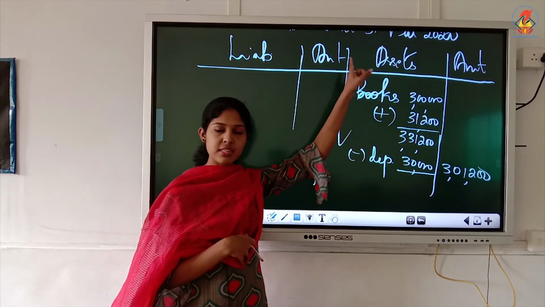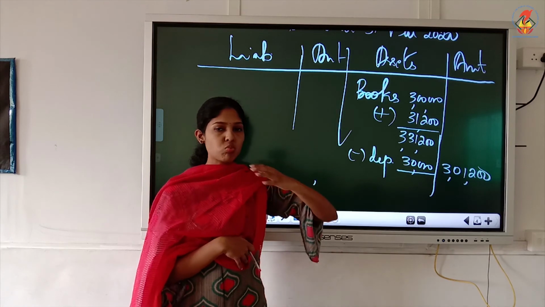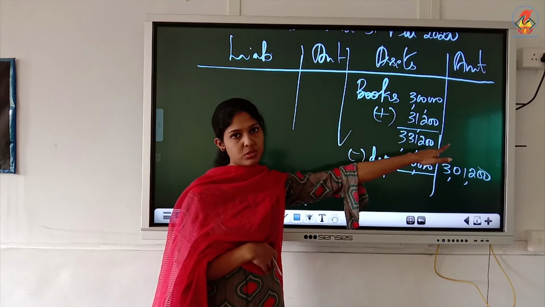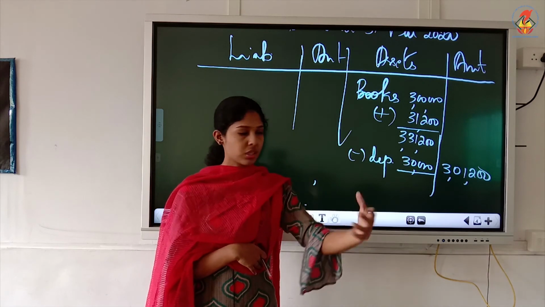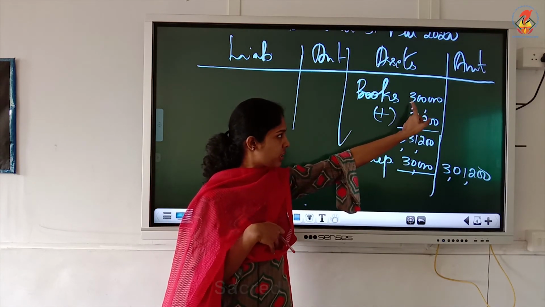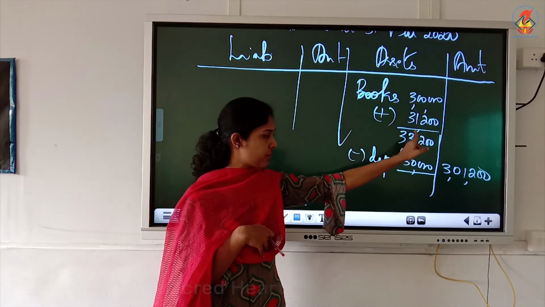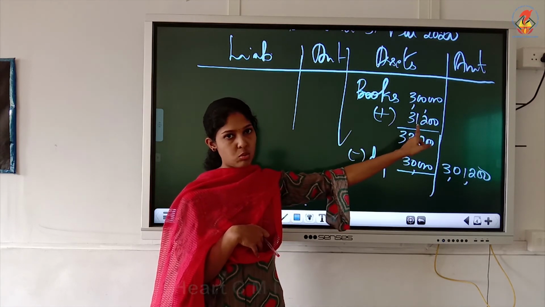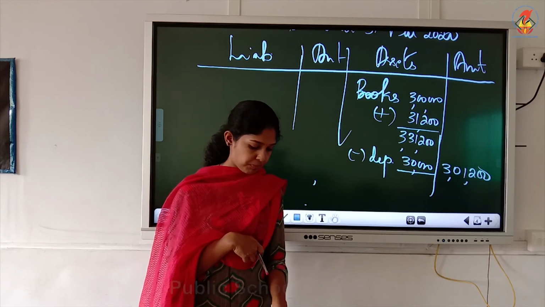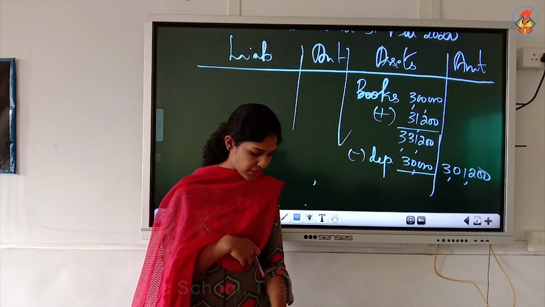The same thing is there in the opening balance sheet. Since we haven't sold any books, you have to take 3 lakhs again in the closing. If you had sold books, this value will not come. We have 3 lakhs, that's the opening figure. Then we purchased during the year 31,200 that we got from the payment side. Then from that we deducted depreciation.